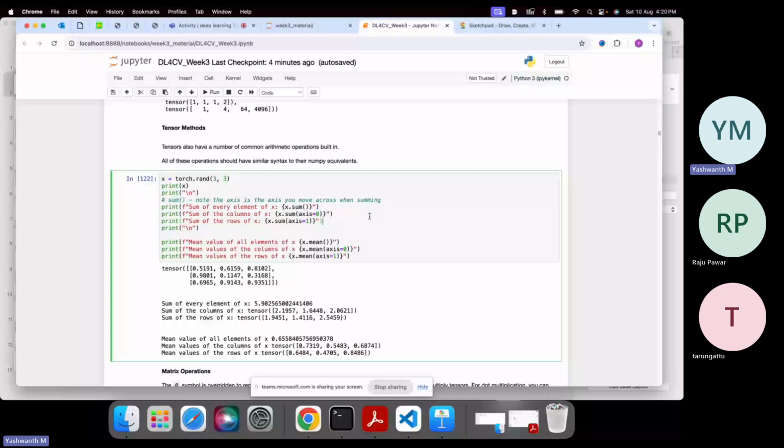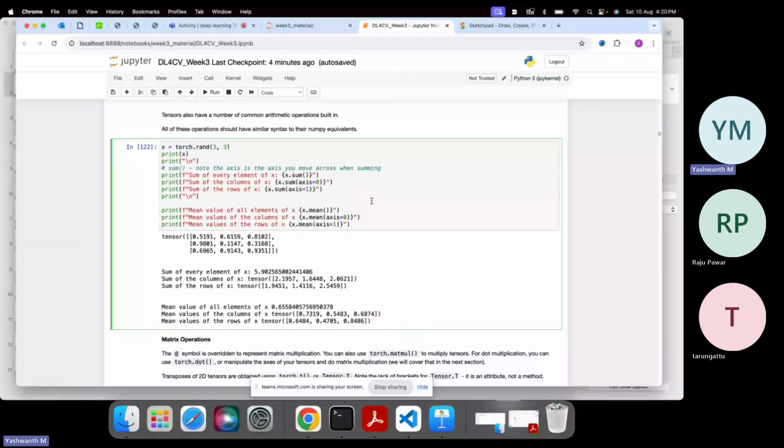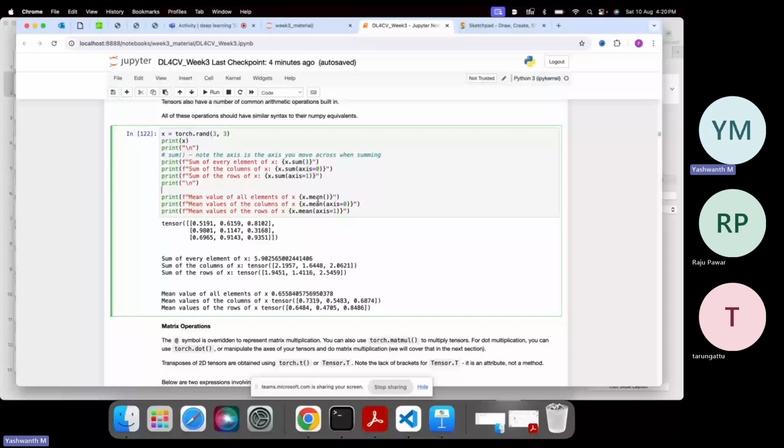Again, if you just switch the dimension by specifying axis one, each row is summed, right? And when you say x dot mean, it computes the sum of all the entries and divides by 9. So basically, this is what it is. You divide by 9. Same thing, mean of axis 0, sum divided by 3. Yeah, divided by 3. You get this.